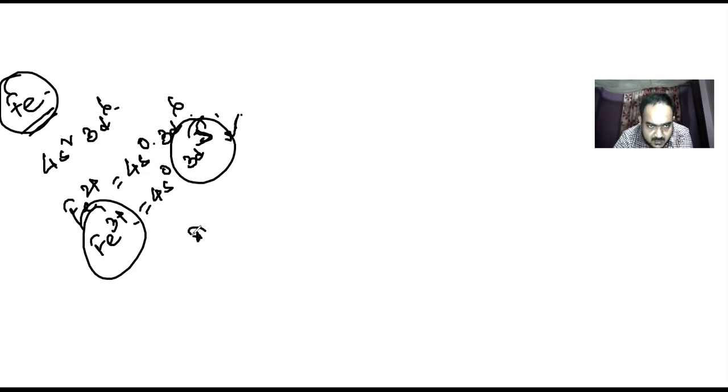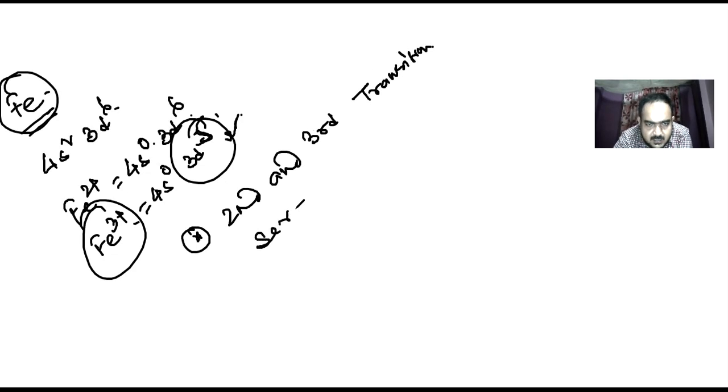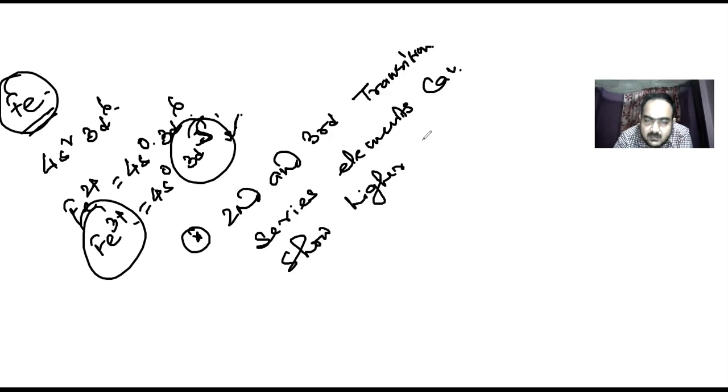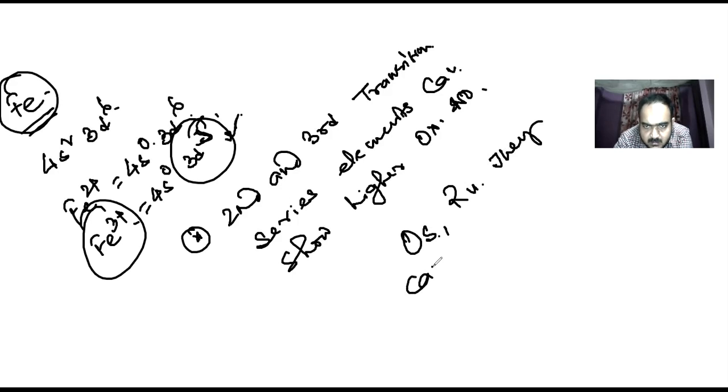You should see that the second and third transition series elements can show higher oxidation numbers, such as osmium and ruthenium. They can show +8 oxidation number.